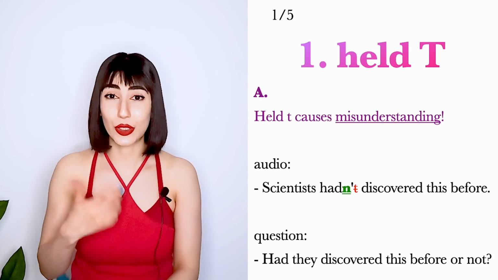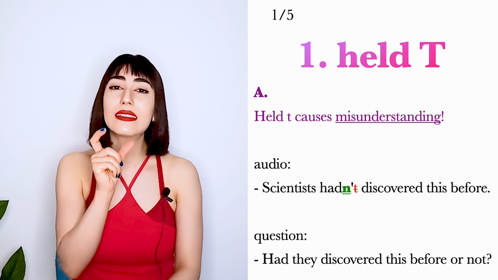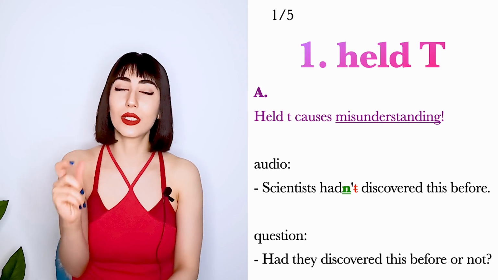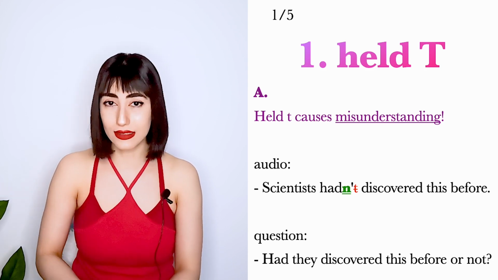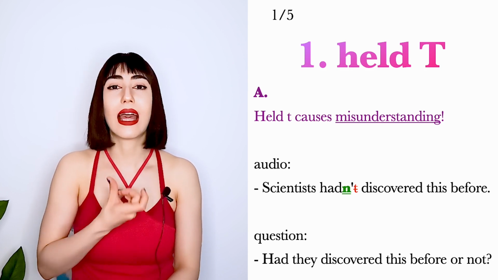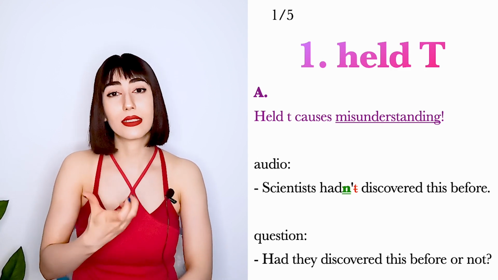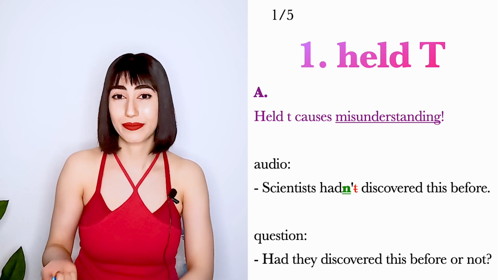But natives, or you after watching this video, know that that little short sound was enough to get the sentence as a negative form. Scientists hadn't discovered compared to scientists had discovered.